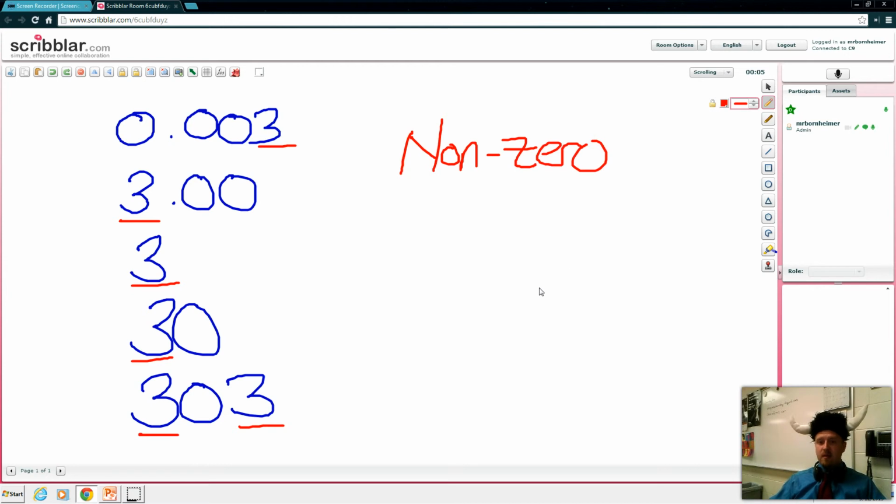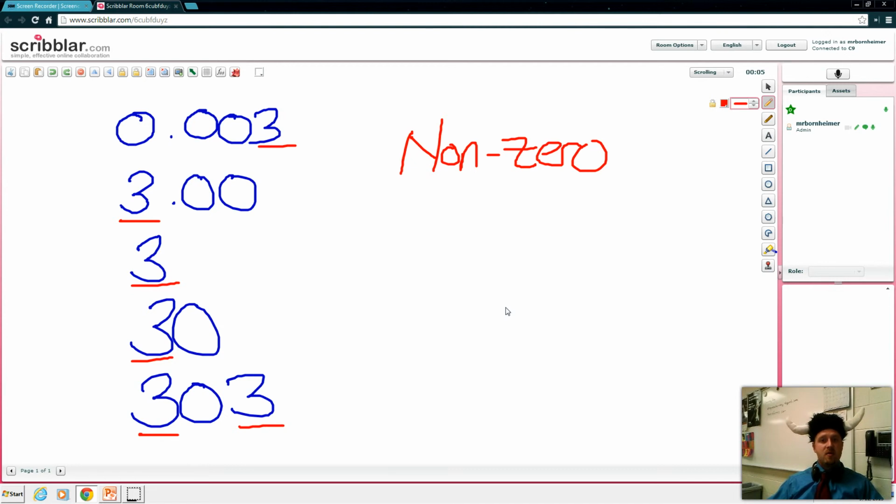Then it also comes down to zeros, and for zeros there are about 5 different rules we have to abide by. 4 tell us that the zero is significant, and then there's really 1 which deals with spacing zeros, which rules certain zeros as not significant. We'll talk about what that means in just a moment.